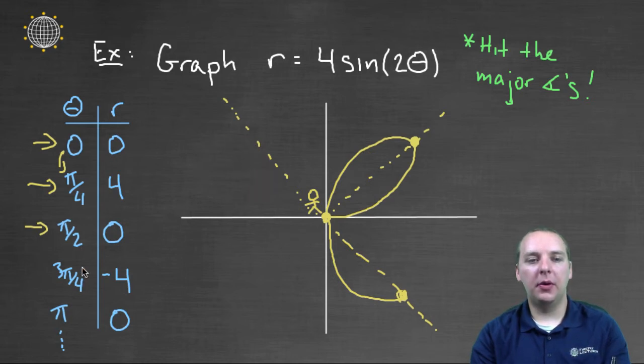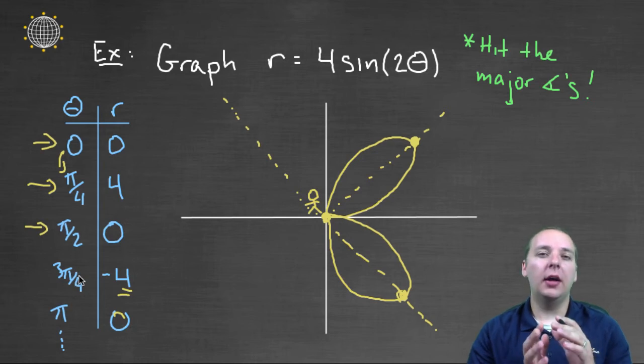Next up, from 3 pi over 4, which is this direction, and we're actually behind ourselves because of the negative R value, then the next point will be pi comma 0. So in which case we'll come back to the origin because of the R value of 0. And we've stopped because we don't have enough values in our table.